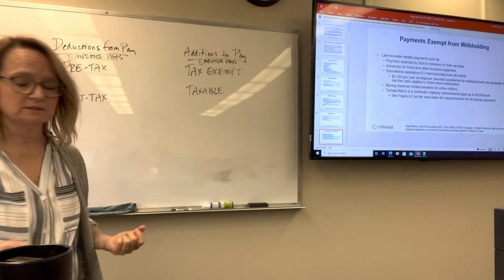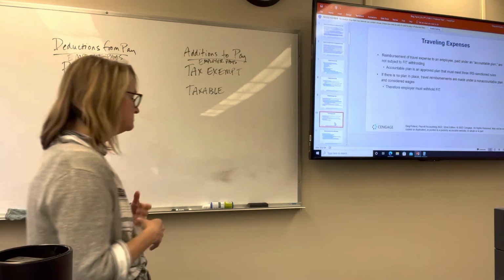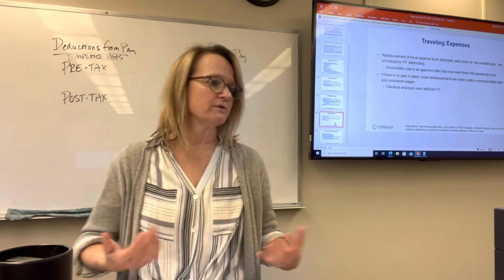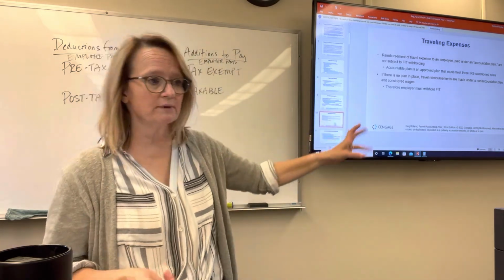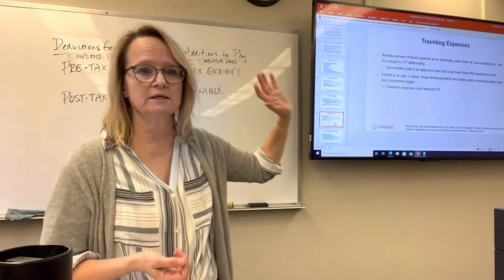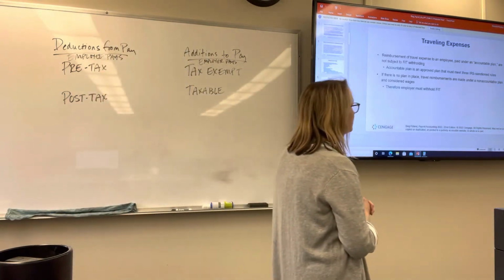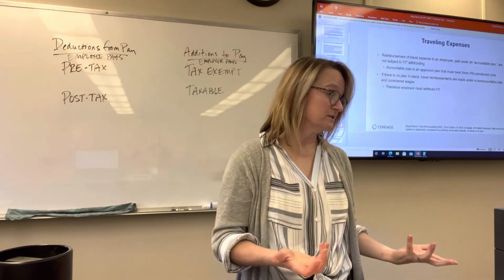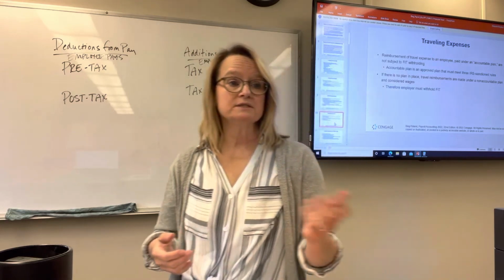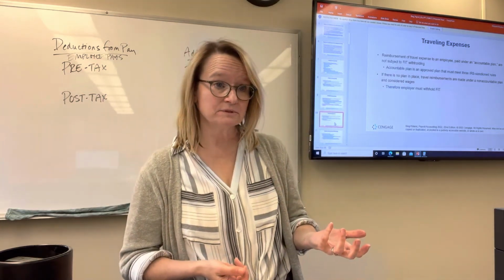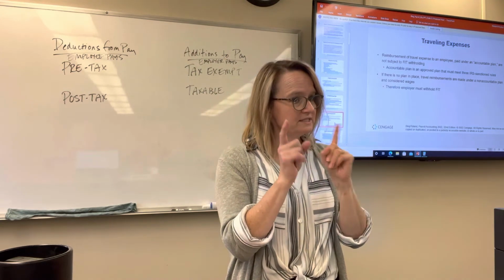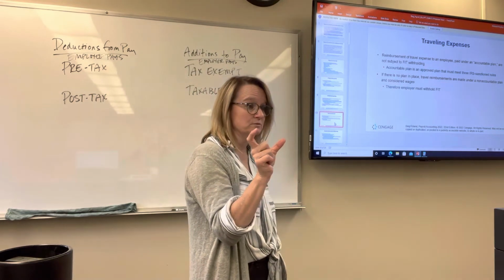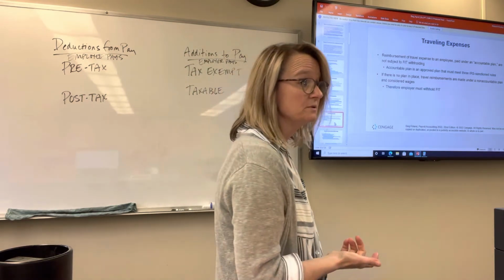Now, one of the things, let me back up here for a second. With the travel expenses, sometimes employers will give advances for travel expenses. So they'll say, let's say, here's $2,000, you make the arrangements, this is to cover your hotel and your plane ticket and all of that stuff. If it is more than enough to cover all of those expenses, and the employee is not required to give back any additional amount, then the difference between what their expenses are and what the payment was would be taxable to the employee because it wasn't used for the purpose that it was intended.